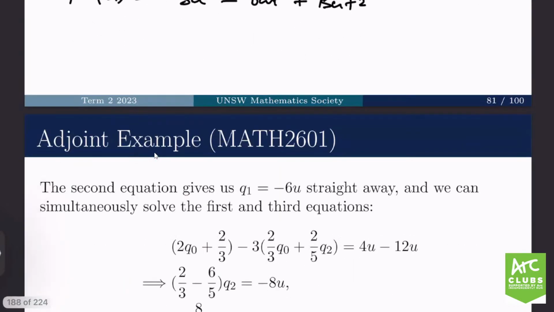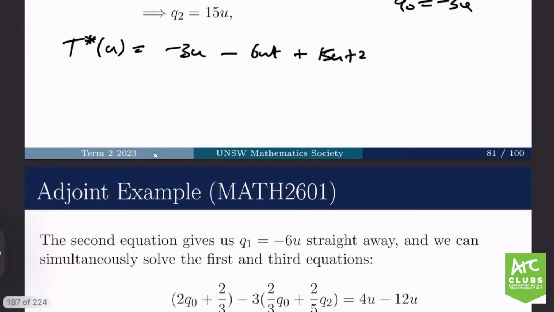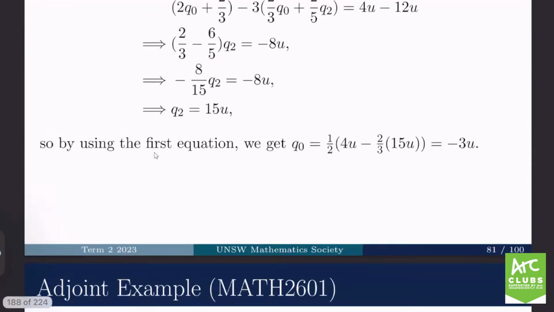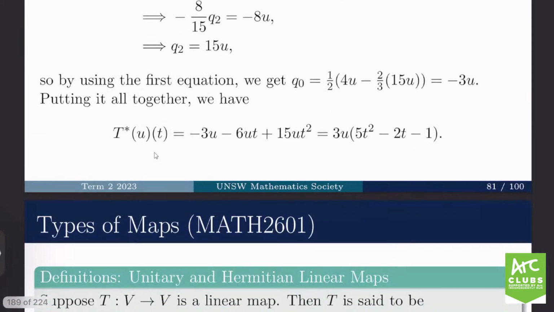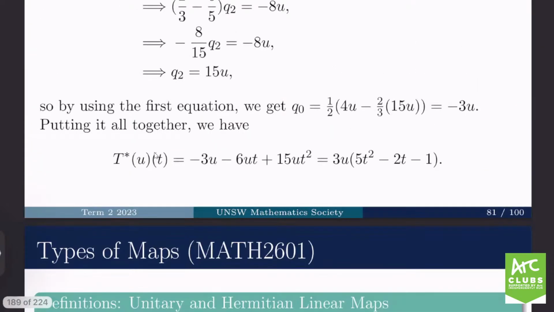And so given a real number U, we're mapping U to this polynomial. So the linear map T star of U will just be this, okay?